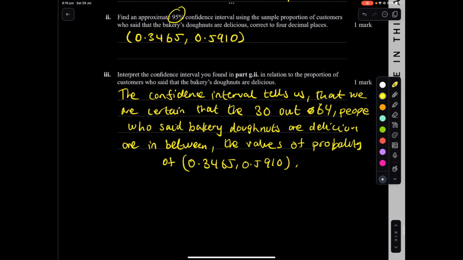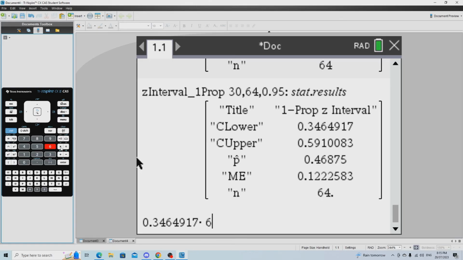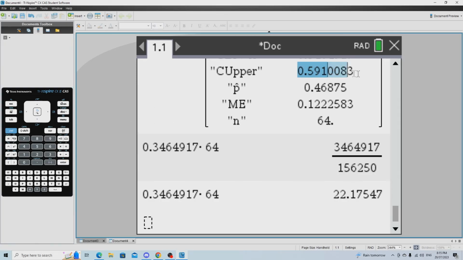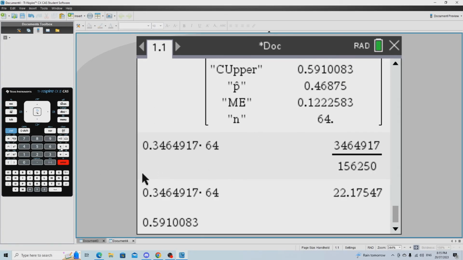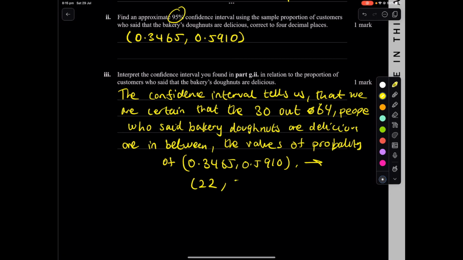So if we're going to interpret this, if we take these values and multiply them by the 64, the lowest value gives around 22, and we bring the upper value times 64, which gives 38.